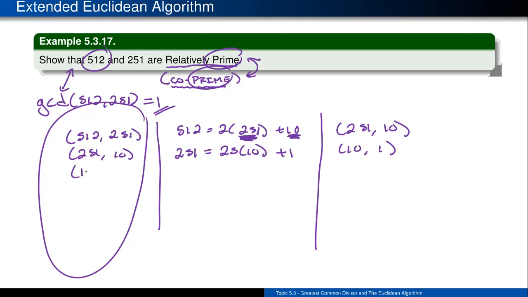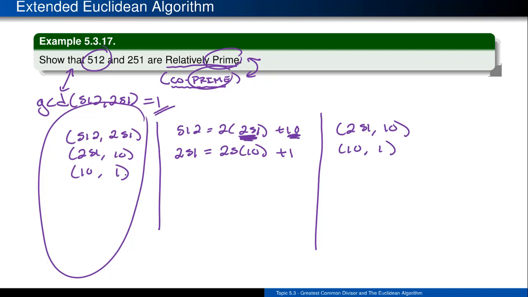At this stage you could actually stop, because you can see that the only thing in common between this 10 and the 1 is going to be that number 1, because one of the numbers is in fact 1. But if we really wanted to do that last step to see a remainder of 0, that's the nice thing if you're working in the coding world, it gives you an exact stopping point. You run this until you see a remainder of 0, and then you go back to the last non-zero remainder.